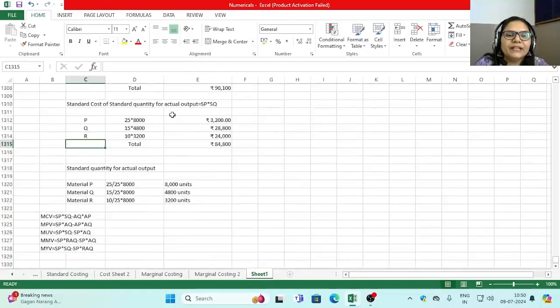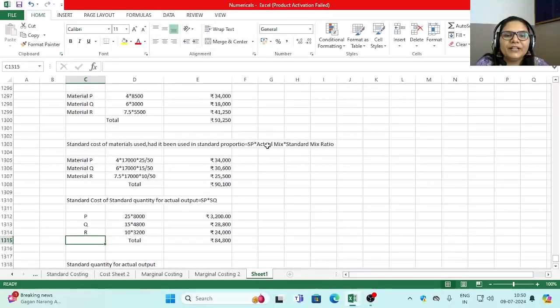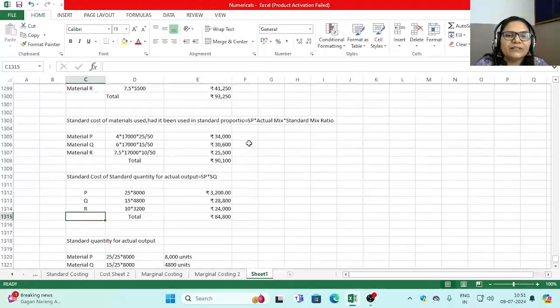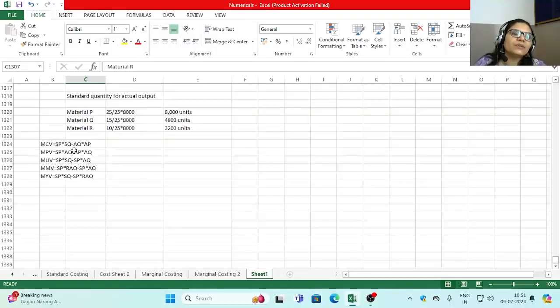Next we need SP into RAQ. The formula for RAQ is actual mix into standard mix ratio. We have calculated it for each material separately, and then we have made the total of all this SP into RAQ. So this is how we have made the calculation easy.